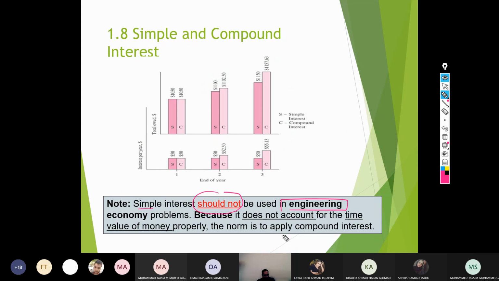Because we are working as an organization. Because why? This is very important. The why is very important. Sometimes we ask why. For the multiple choice, you say why. Because it does not account for what? For time value. If you want to remember, it's not looking at a time value.